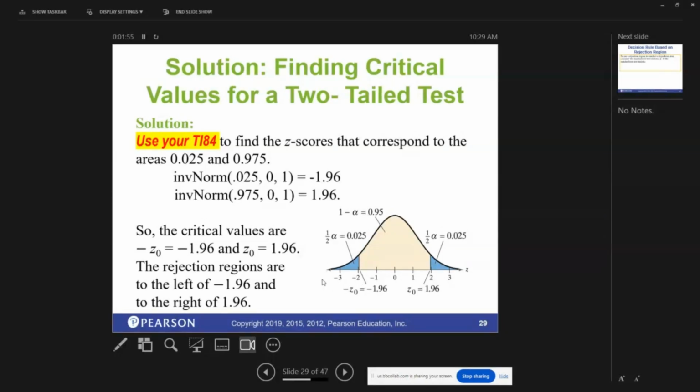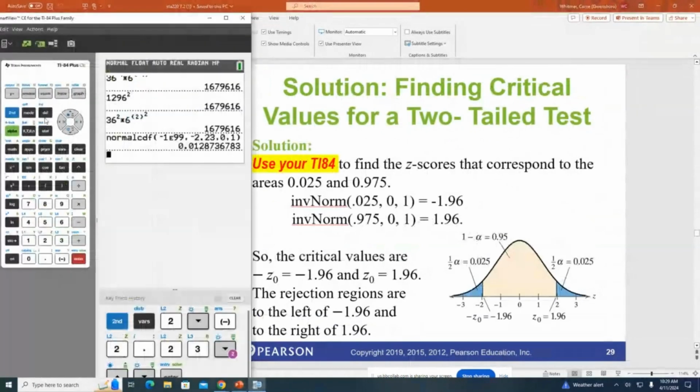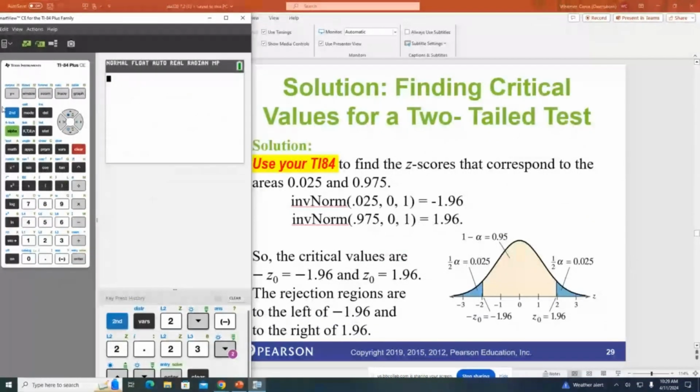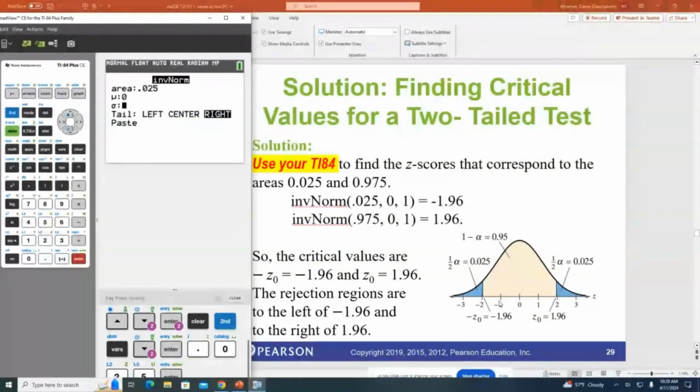And so when you want to find the z-score here, when you put that in your calculator, the first thing it asks you for is the area. And so that area for this side is going to be 0.025. And we're saying it's the left tail. And so that gives me my negative 1.96.